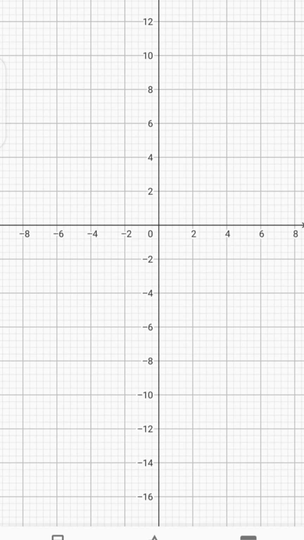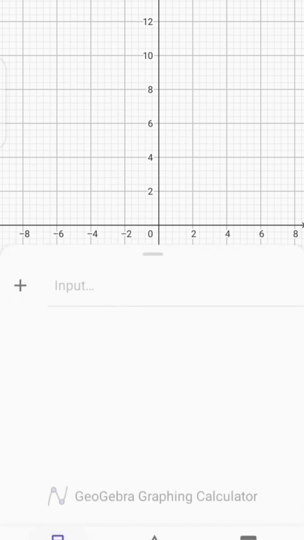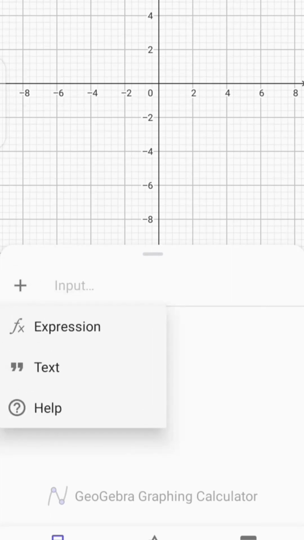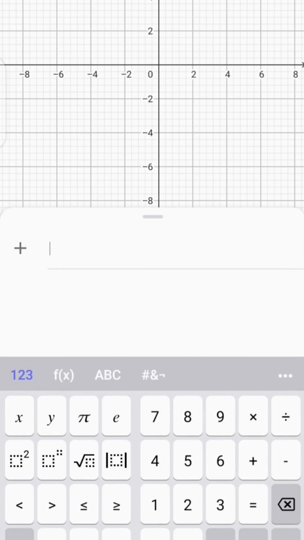We go to where you can see algebra, then it's displaying input. You can click on the plus sign and then click on expression in order to enter the equation. So for equation 1, we've got y equals 2x plus 6.